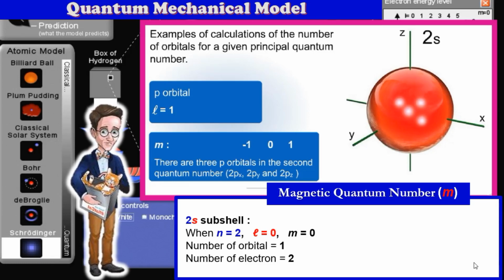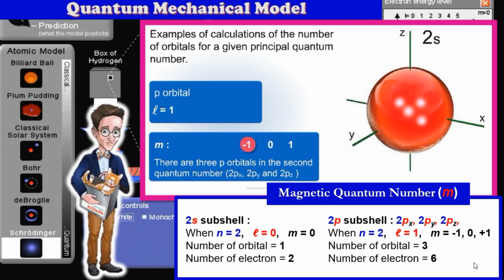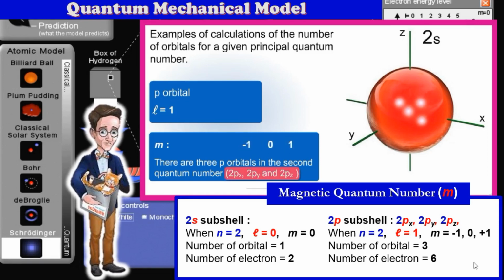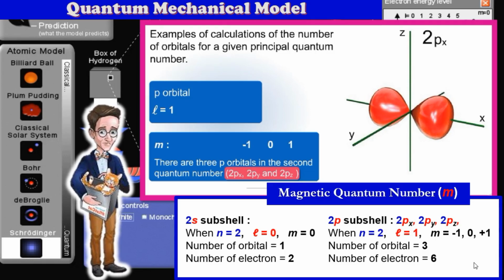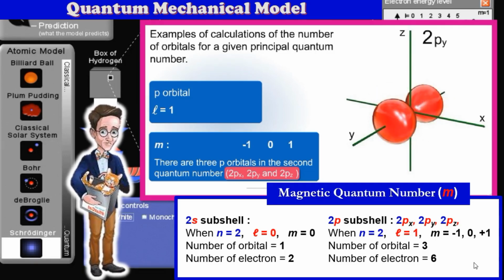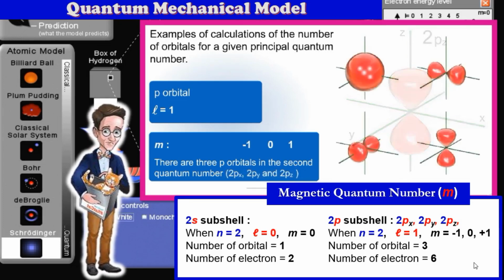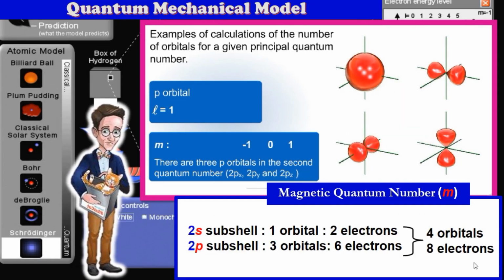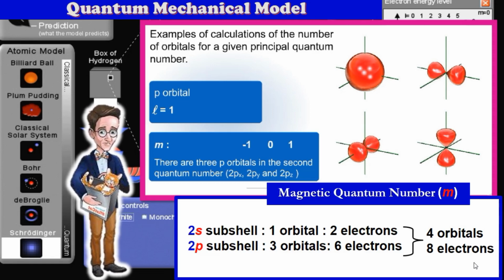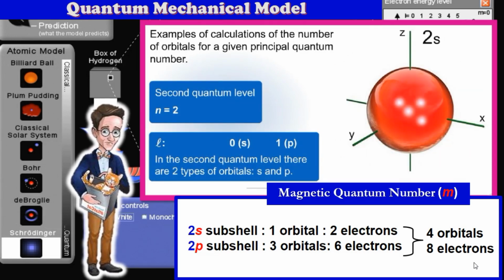In addition, there are 3 p orbitals, since the magnetic quantum number for L equals 1 is -1, 0, 1. These orbitals are labelled 2px, 2py, and 2pz. Thus, there is a total of 4 orbitals in the second quantum level, each of which can accommodate 2 electrons, giving a total of 8 electrons.